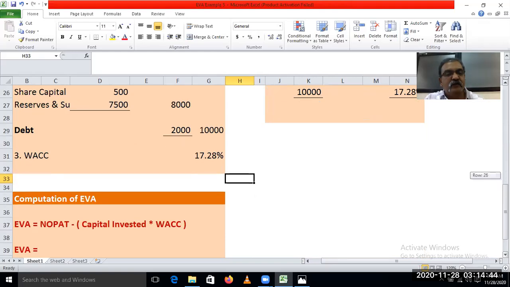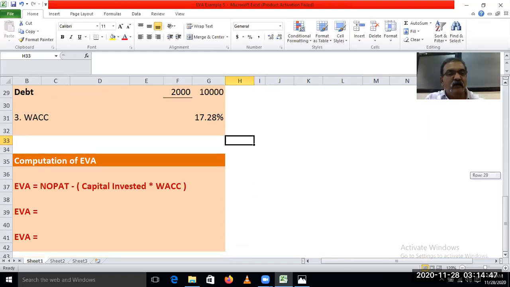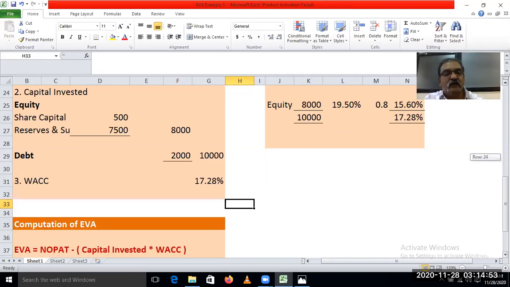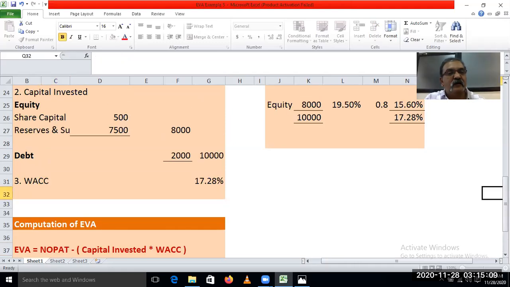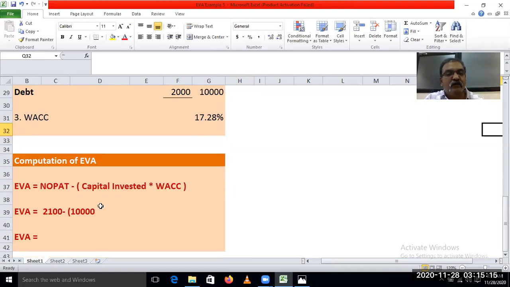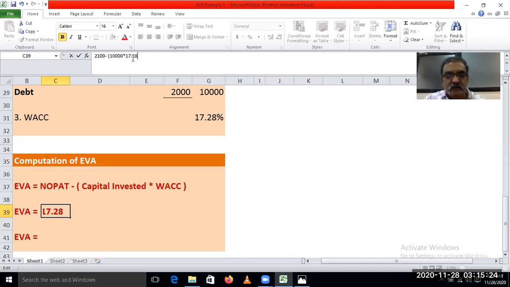Now I will find out the EVA. EVA is net operating profit after tax, which is 2,100, minus capital invested, which is 10,000, into WACC 17.28%, bracket complete.